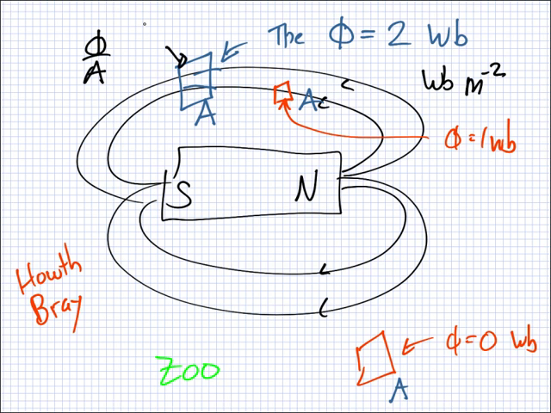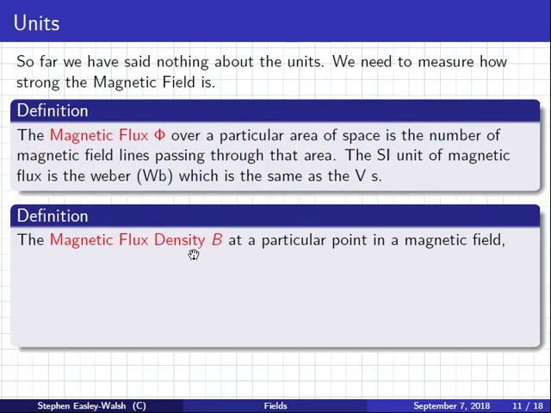For example, here maybe it's 1 Weber per meter squared, because there's 2 Webers and 2 meters squared. Here maybe it's also 1 Weber per meter squared. So this is called the density, and it's quite simple. It's the flux per unit area.